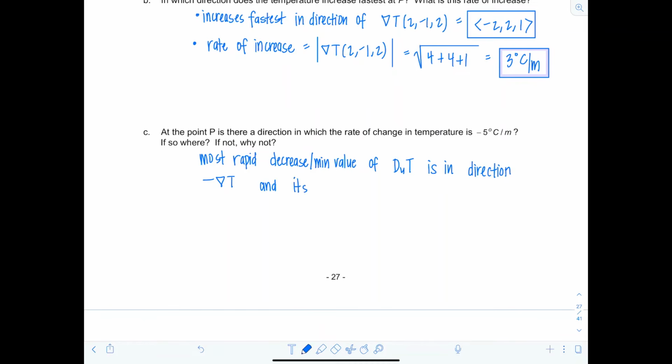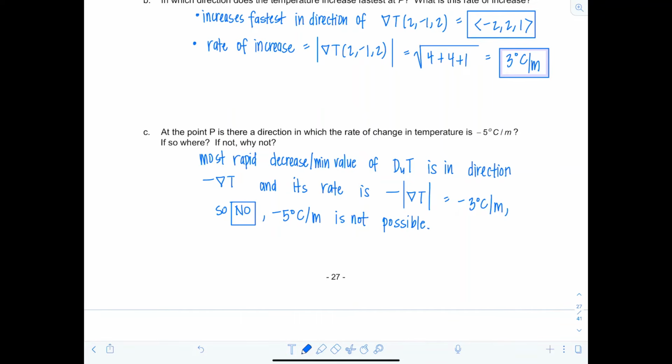And its rate would be the opposite of the magnitude of the gradient. In this case, that's negative 3 degrees Celsius per meter. So no. Let's say it with emphasis. There we go. Negative 5 degrees Celsius per meter is not possible.